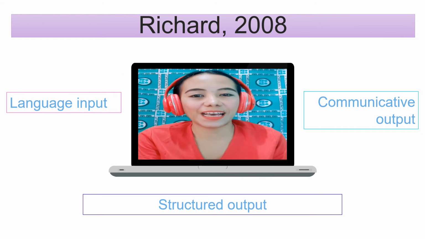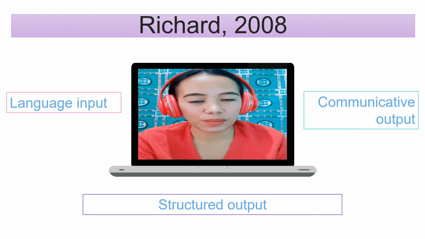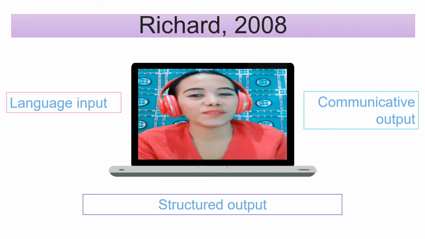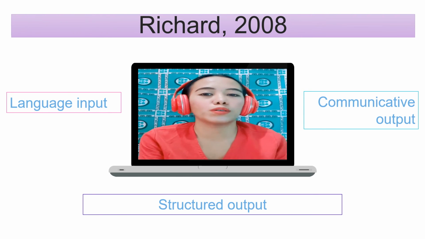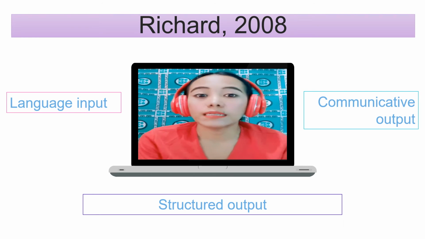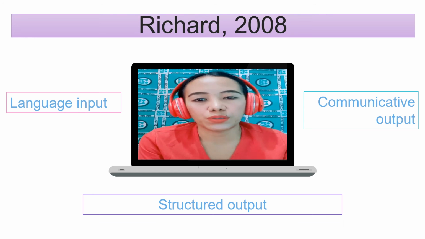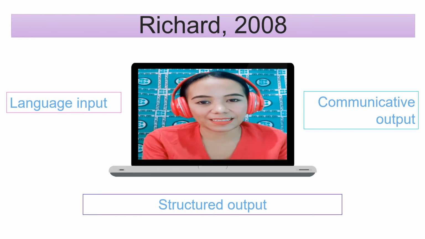Well, just now I mentioned about language input, structure output, and also communicative output. First, language input. It is about the teacher's talk, also the listening activities, the reading passages, and also about what the students read, what the student hear inside and outside the class.